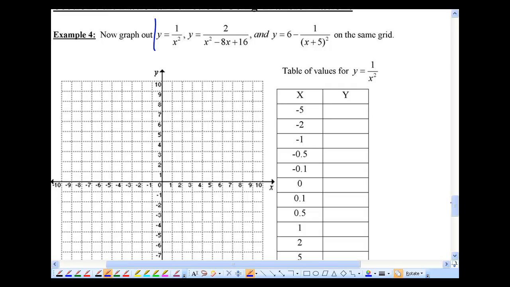So maybe this one I'll use blue, here I'll use red, and last but not least, let's use green. You do this first on your own. y equals 1 over x squared. Table values, do it. You should be fine. Go. Stop the tape. Go.